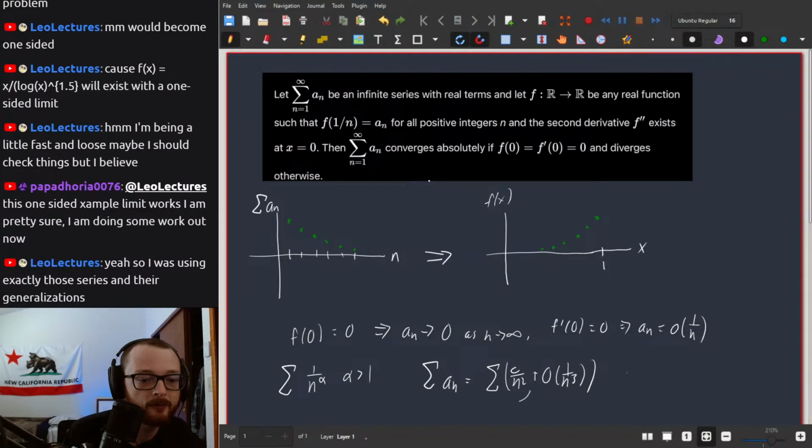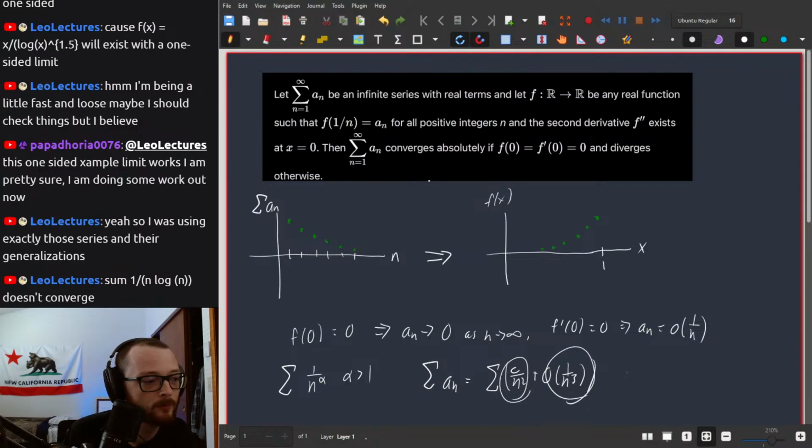And you can do a p-series on this and a comparison on this, and you would have convergence. I feel like that's all there really is to it.